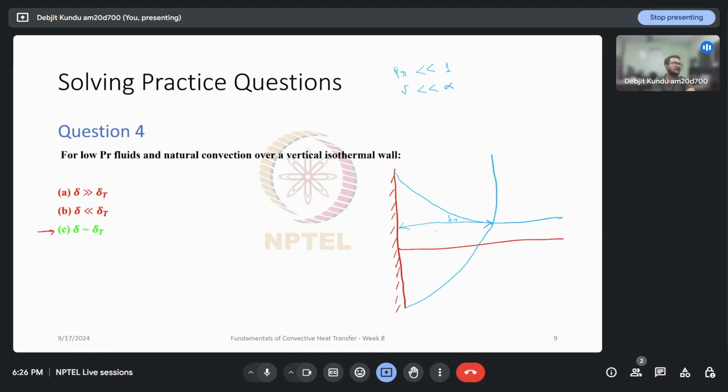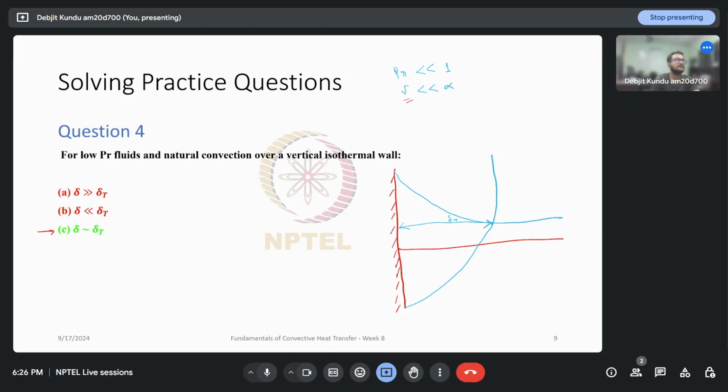Now, it's not that the velocity boundary layer or the thermal boundary layer is simply smaller just because our nu is much, much small or Prandtl number is much, much small. Thing is, within the thermal boundary layer, there is a difference in the densities because of heating.